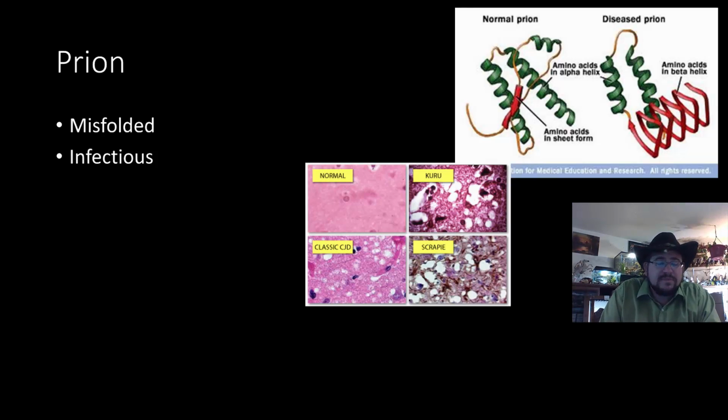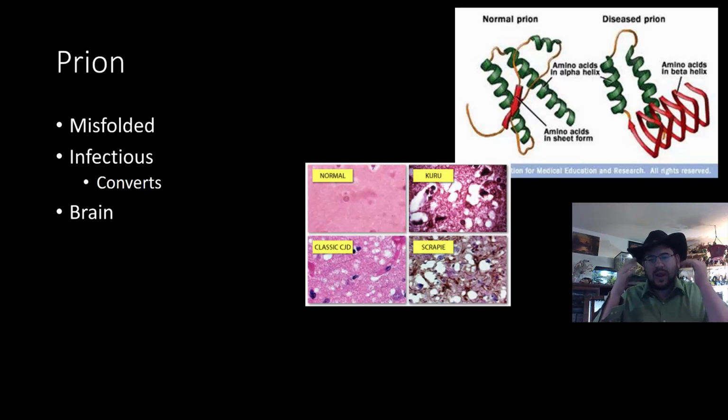These misfolded proteins don't dissolve well. And one of the big characteristics of a prion disease is these proteins get into your brain, and the misfolded proteins accumulate in your brain. And as you get more and more of them, they start to basically Swiss cheese your brain.